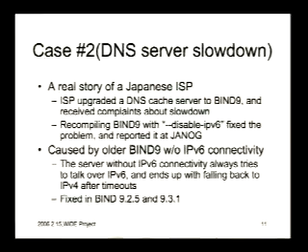This is also a real story. A Japanese ISP upgraded their DNS cache server to BIND 9 and received complaints about slowdown. The users said it is not comfortable web browsing through your network. After their investigation, they found they had built BIND 9 without IPv6. Then the problem was fixed, and they reported it at the Japanese Network Operators Group.